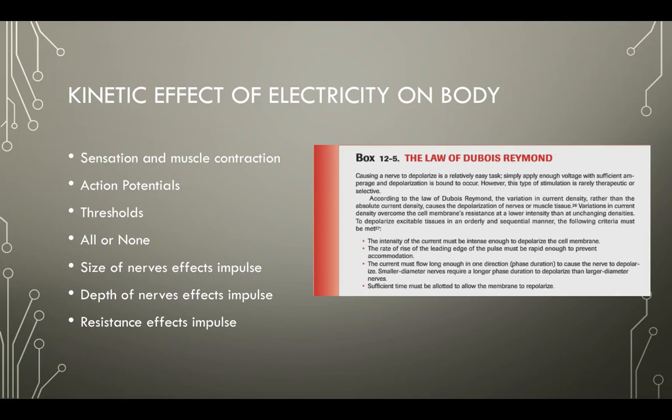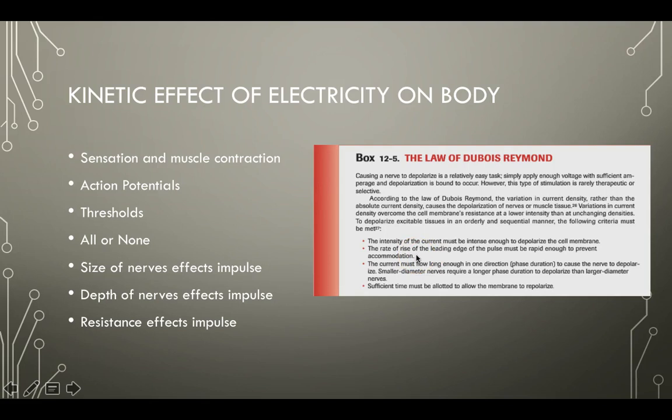So another law for you, the law of Du Bois-Reymond. This talks about the fact that the intensity of the current must be intense enough to depolarize the cell membrane. So we have to be high enough to at least get through the cell membrane and to change that action potential, so that we end up with that rush of positive in and the negative out. The rate of rise of the leading edge of the pulse must be rapid enough to prevent accommodation. That dealt with our rise time.